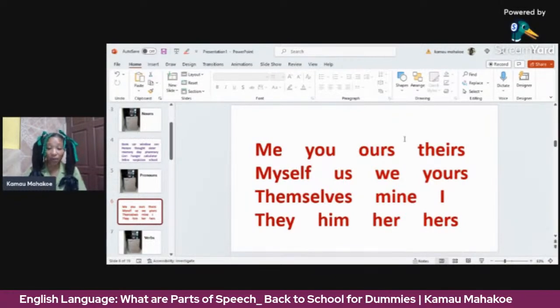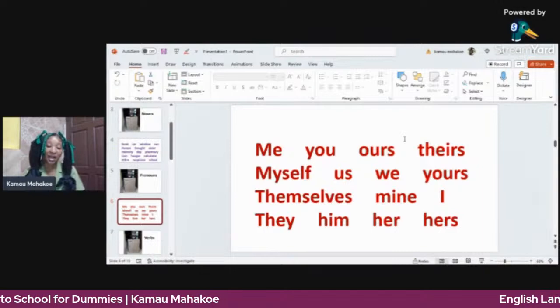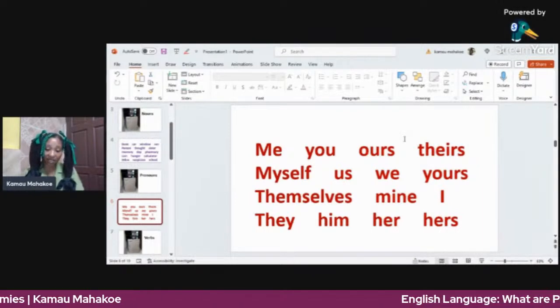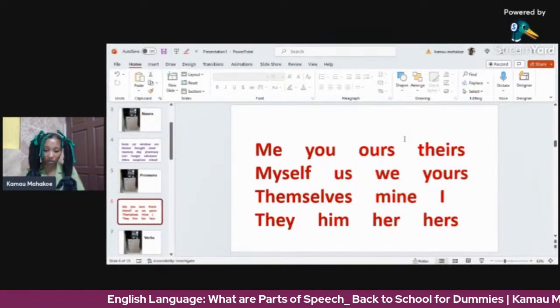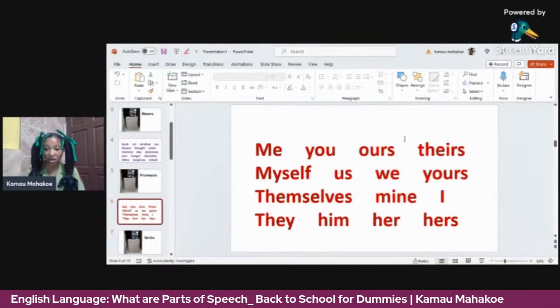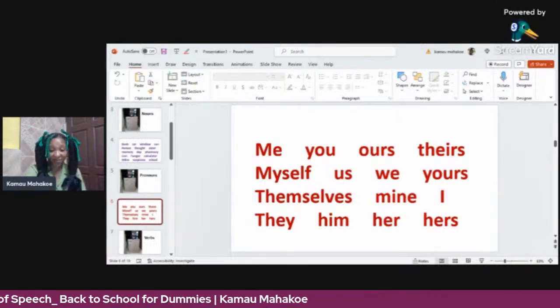You can just say we, us, them, they, right? And without having to list the names all the time. So we use pronouns to take the place of nouns or instead of nouns. And like I said, there are different types of pronouns.